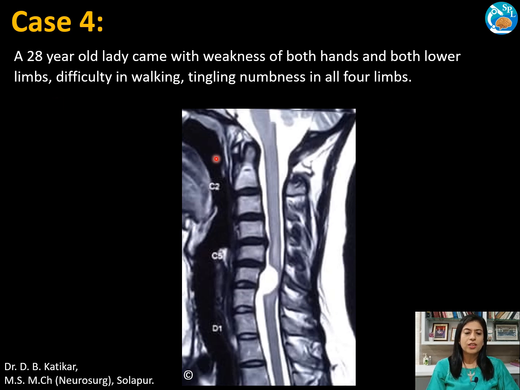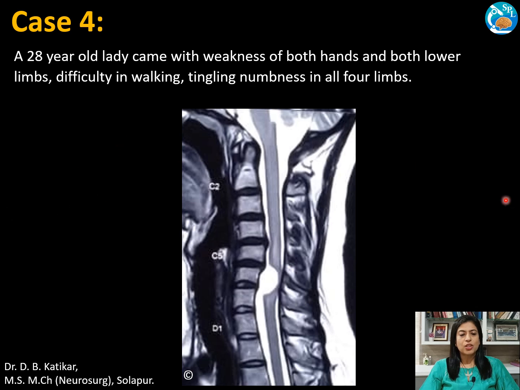Now this is the fourth case, which was operated by Dr. Datta Prasanna Katikar from Solapur, and this is a 28-year-old lady who presented with weakness of both the hands and lower limbs and had difficulty in walking and tingling numbness in all her four limbs.